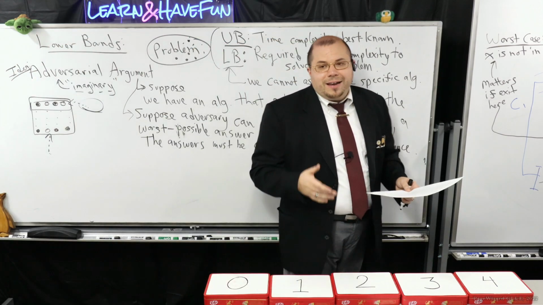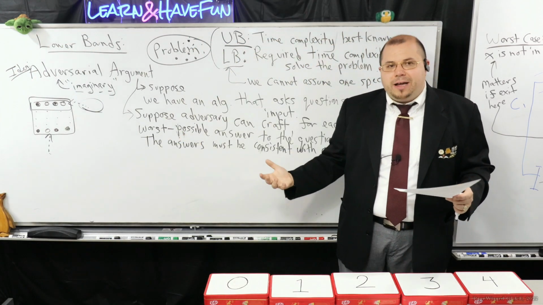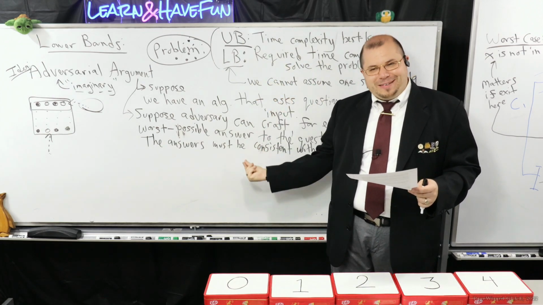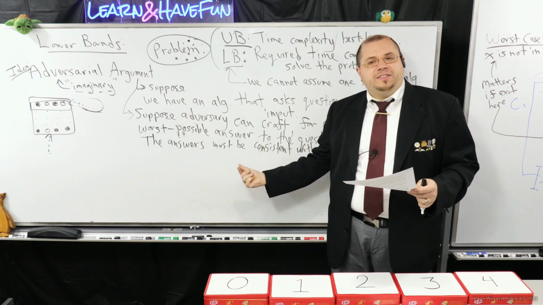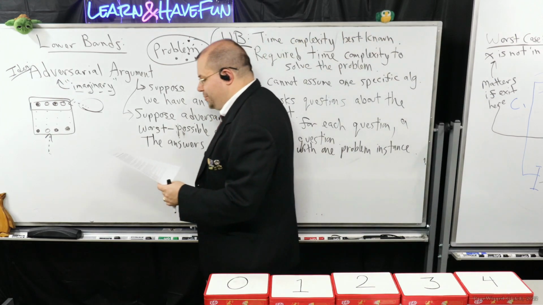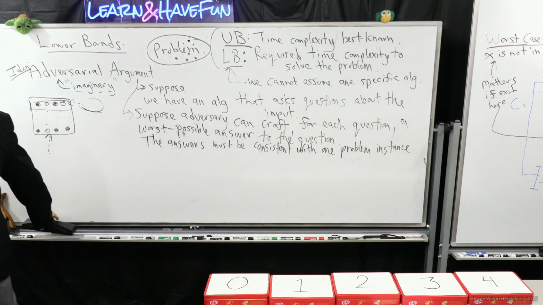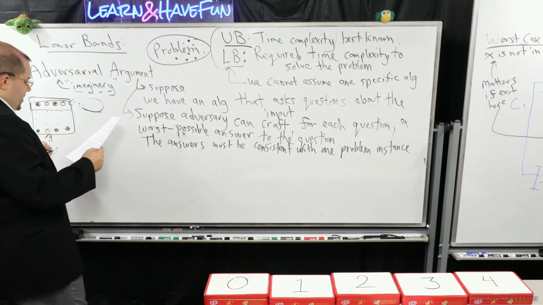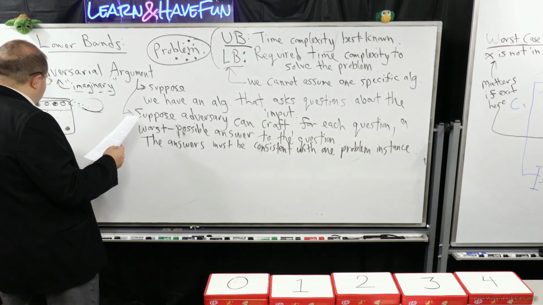So it's going to try to get it so you have to perform at least a certain number of guesses in order to solve the problem instance that gets crafted, regardless of what the algorithm is. So hopefully you get the idea. I'll show you an example of what I mean by this. So I'll give you the formal idea behind this. So here's the formal idea.